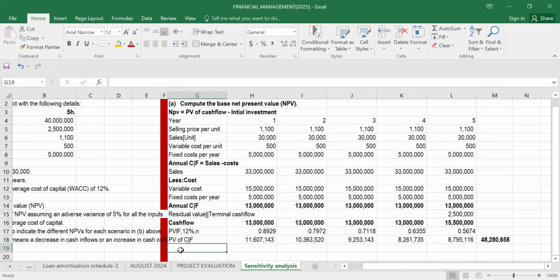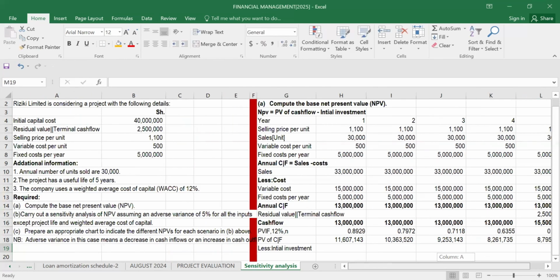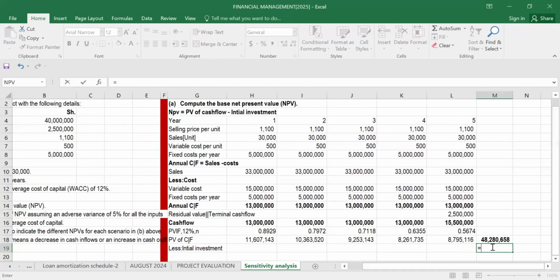So to this, we are going to less the initial investment. Our initial investment is the amount which was initially invested in this project, which is 40 million. So this one will be equal to this one, 40 million.